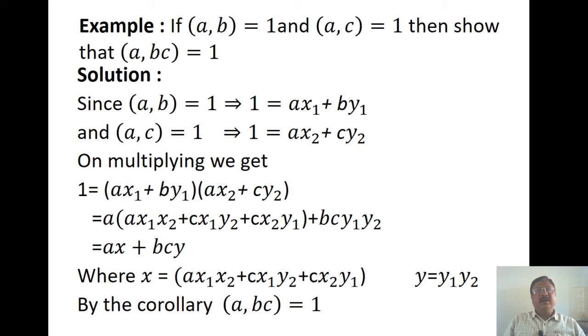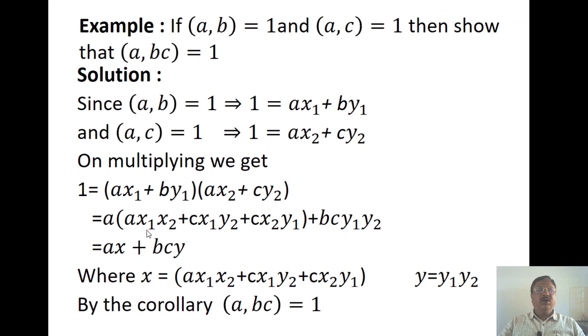On multiplying the above equations, we get 1 is equal to Ax1 plus By1 into Ax2 plus Cy2. Now here you can take A common, so after multiplying: A x1 x2 plus C x1 y2 plus C x2 y1 plus B into C y1 y2.